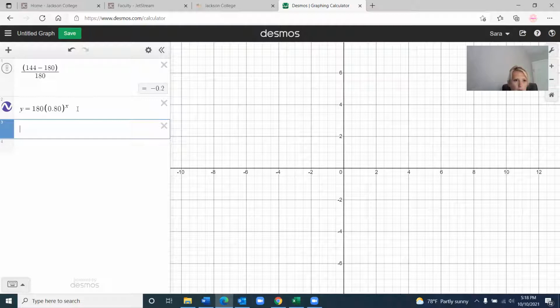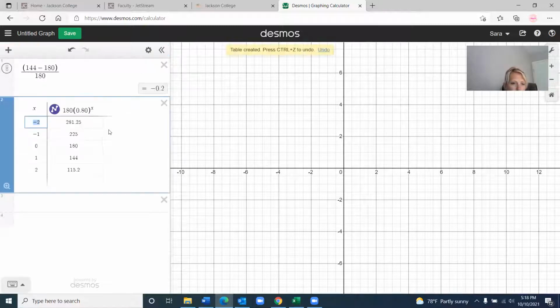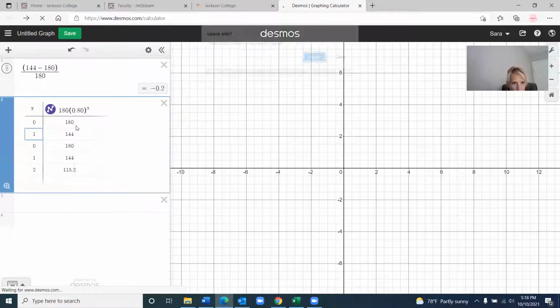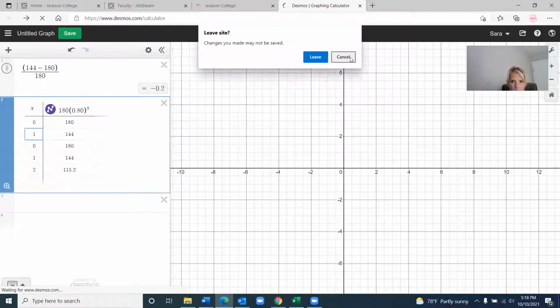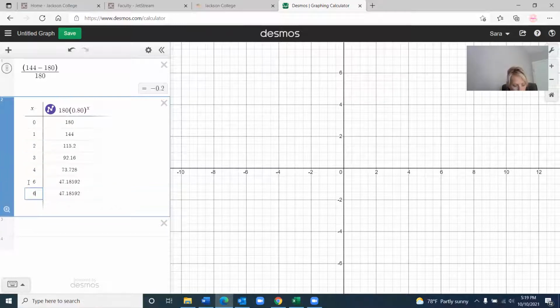We go up to that equation and use the gear right here, and then choose the table option. So convert to a table. And we had 0, 1, 2, 3, 4, 5, 6, and 7. Yep, and all the numbers match.